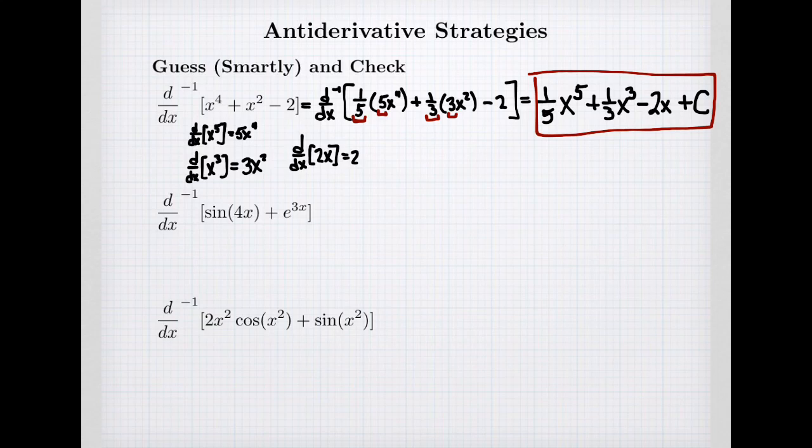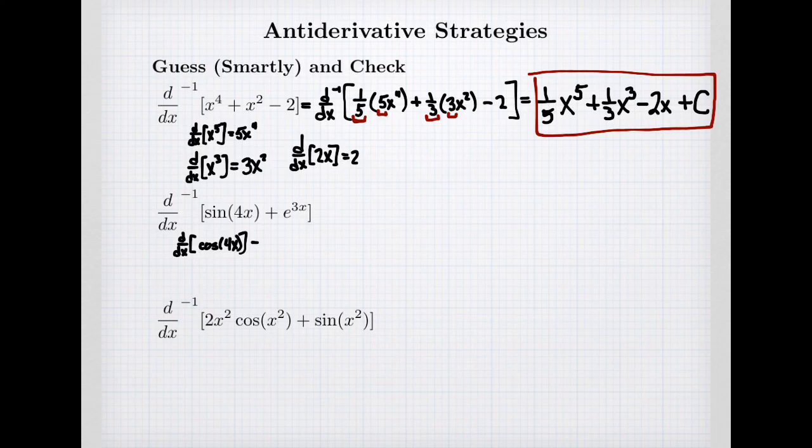I want the antiderivative of sine of 4x plus e to the 3x. So we ask ourselves, what's going to give me a derivative of sine of 4x? Well, sines and cosines go together, so it must have come from cosine of 4x. So what is the derivative of cosine?